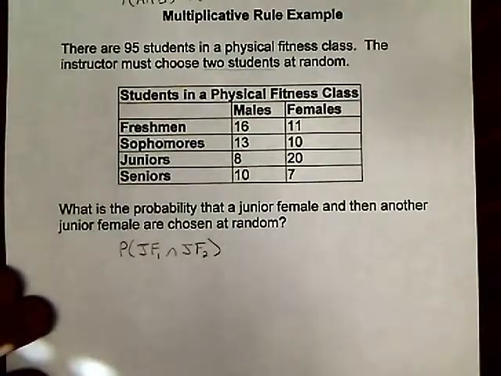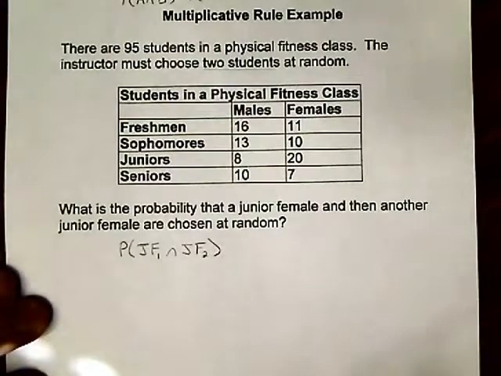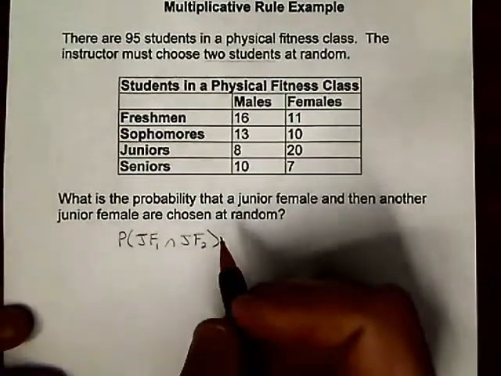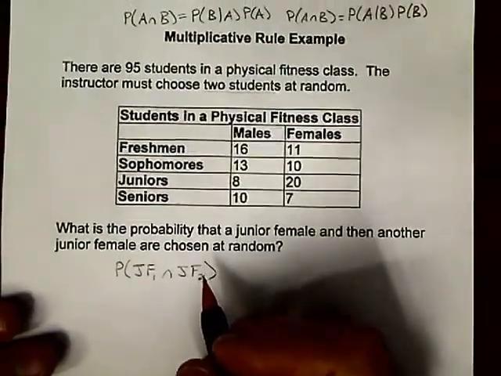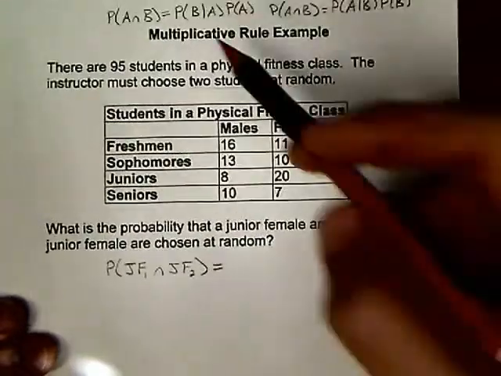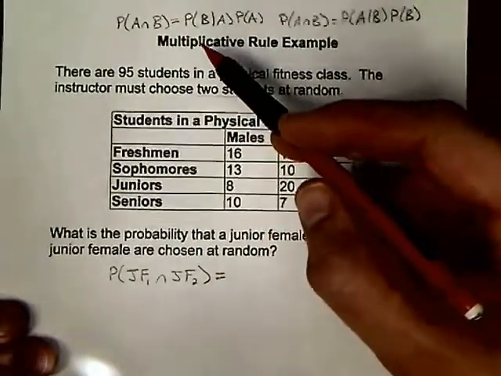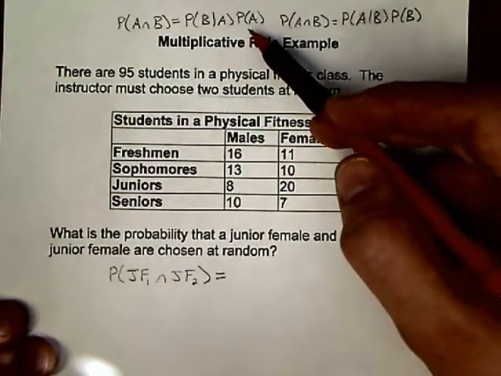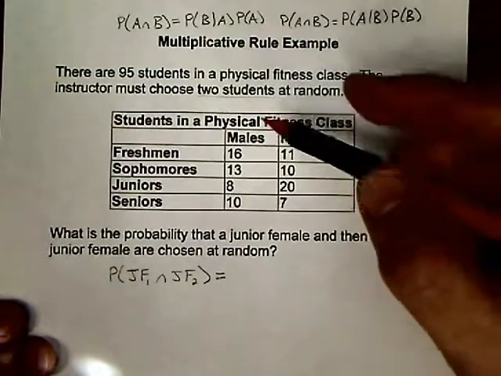So I'm looking at the intersection of these two events and that probability. Well, the multiplicative rule, looking back up here, says, okay, I want to rewrite this sort of probability in terms of a conditional probability times a single probability here.